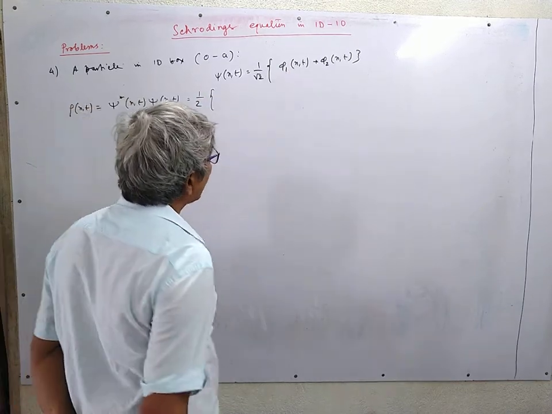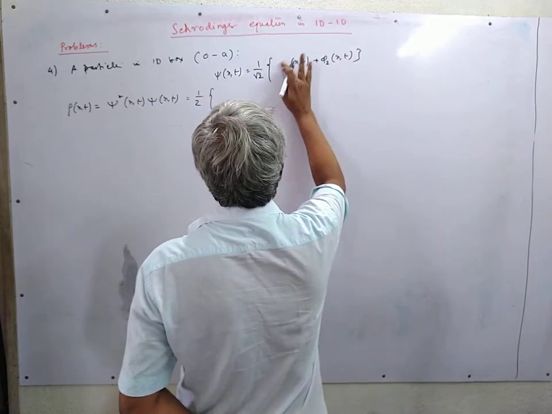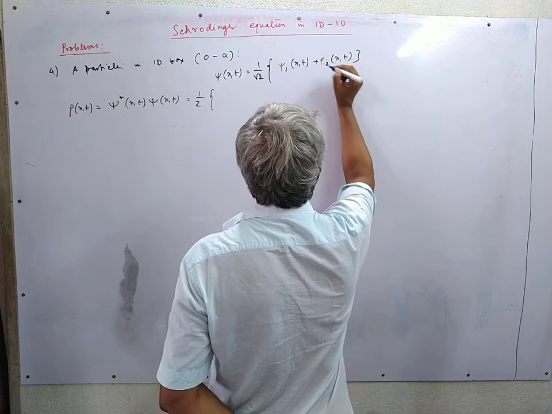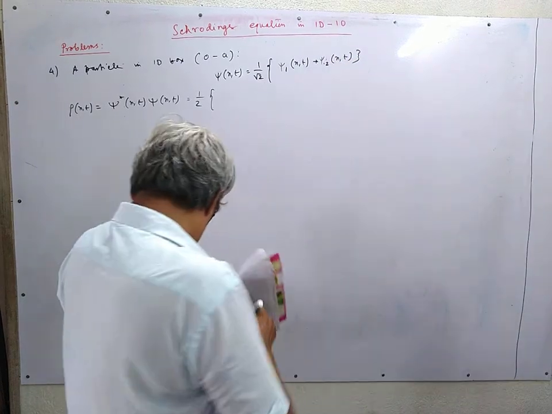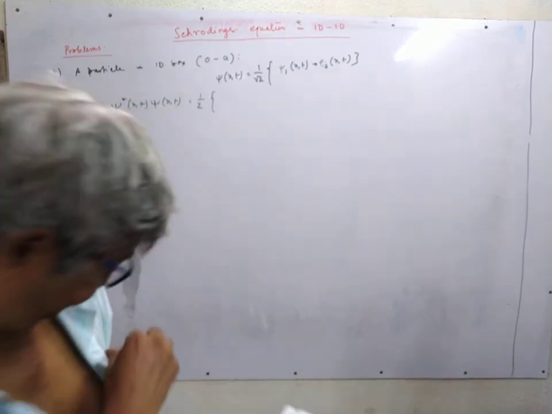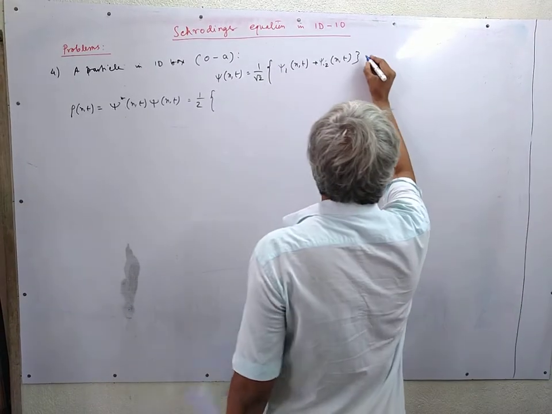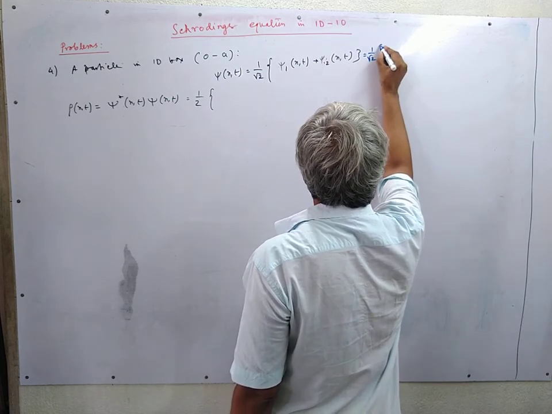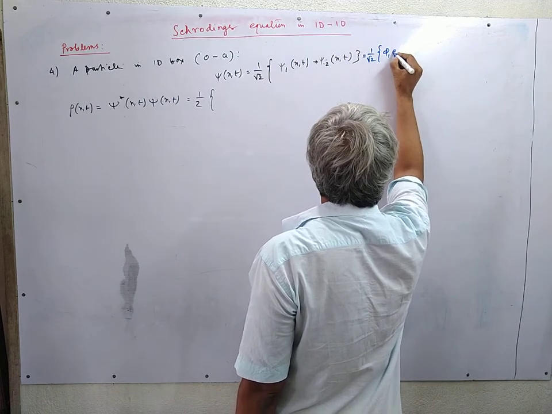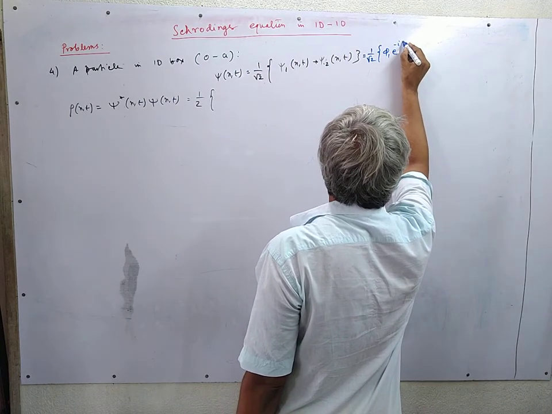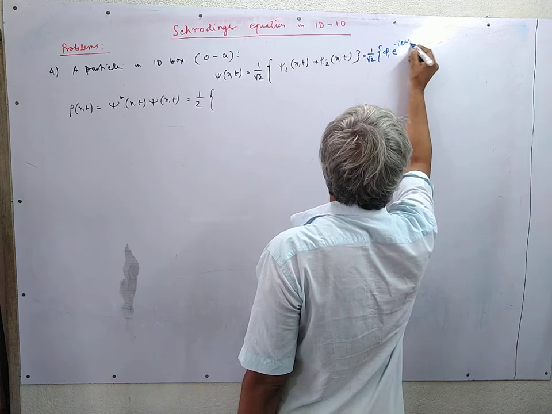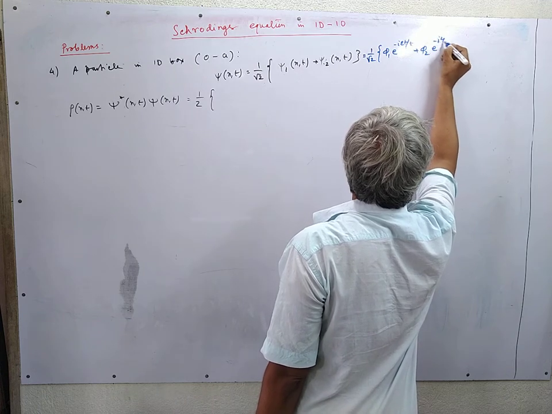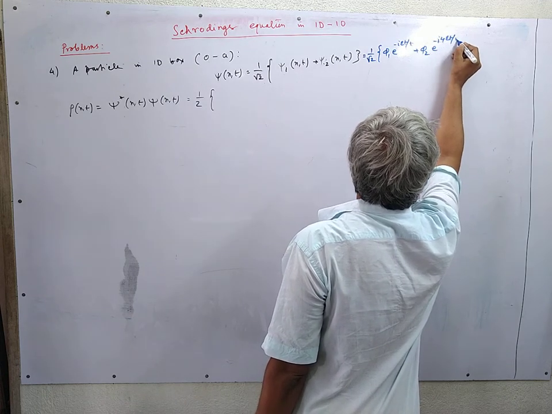Then if we write it explicitly, it is ... epsilon t upon h cross plus phi 2 e to the power minus i 4 epsilon t by h cross.